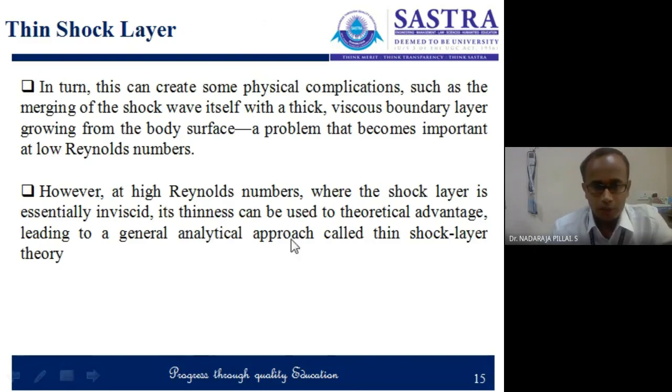Anyway, we use this concept and we study the thin shock layer in detail in later cases. But here you need to understand only one point, right? The shock wave comes close to the body, we have a chemically reacting flow at a very high temperature, and there is the problem of the viscous boundary layer. The viscous boundary layer can also interact with the shock layer.